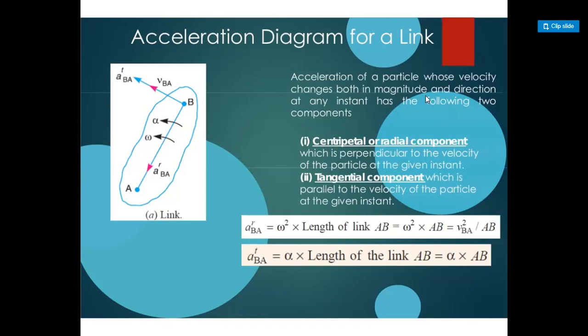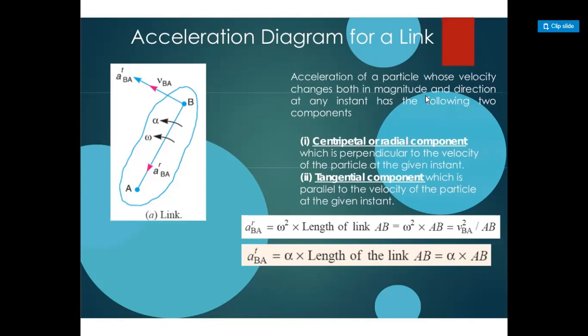So what is the rubbing velocity? When two links are connected by a pin joint, then the relative velocity of the pin or pivot is called the rubbing velocity of the two links, right?